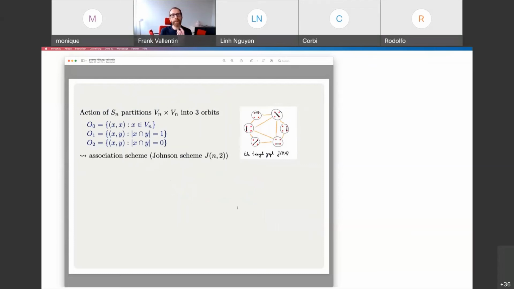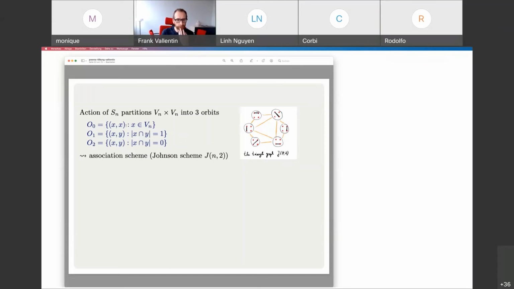Next, the action of S_n partitions V_n times V_n into three orbits: the diagonal orbit, the orbit where x and y intersect at a vertex, and an orbit where x and y don't intersect at a vertex.